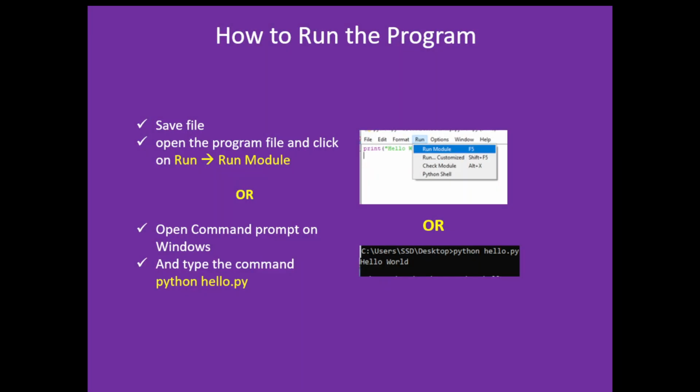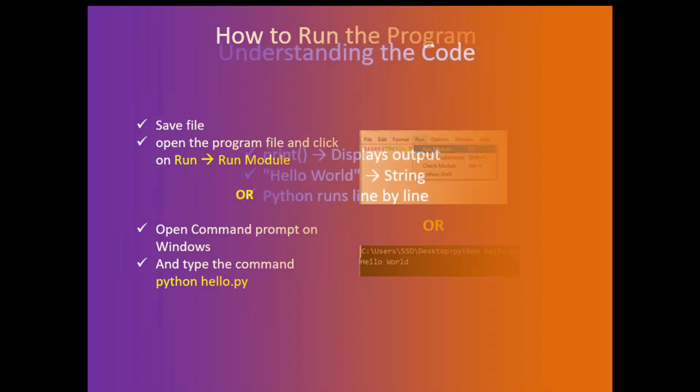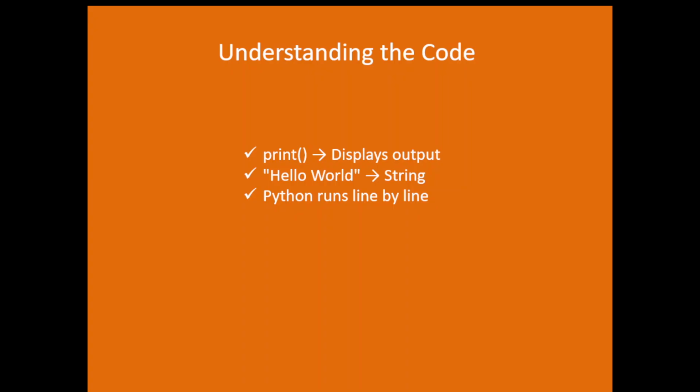Now let's see what the print function does. Print is a function in Python, like in any other language, and its job is to display output in the terminal. Hello world in our case is a string. We can also print numerics and other things as well.